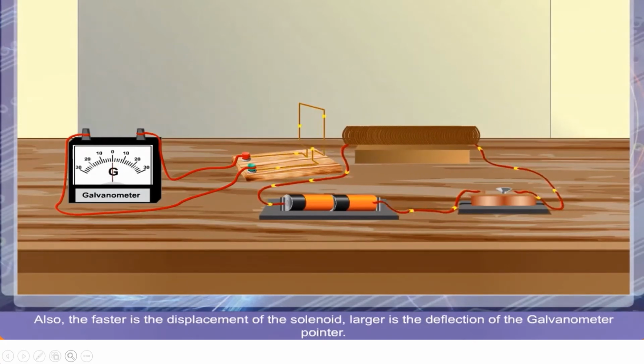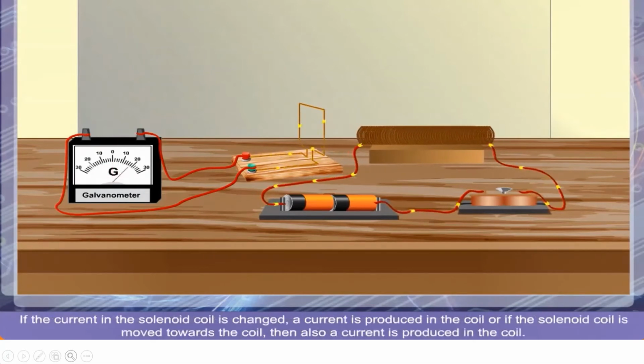Also, the faster the displacement of the solenoid, the larger the deflection of the galvanometer pointer. If the current in the solenoid coil is changed, a current is produced in the coil, or if the solenoid coil is moved towards the coil, then also a current is produced in the coil.